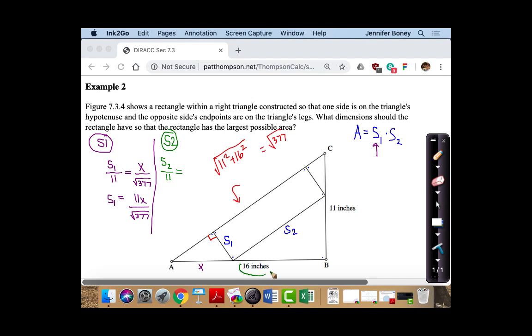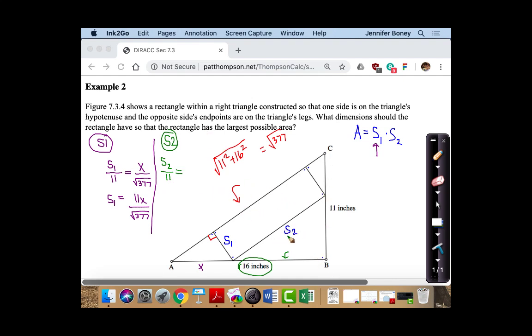Now, this 16 isn't from this point here, it's all the way from A to B, but it's related to the length of this side here, which I can express then in terms of x. Side 2 is the hypotenuse. It relates to, oh wait, did I write the wrong thing? I did. I was thinking about 11 and I wrote it.